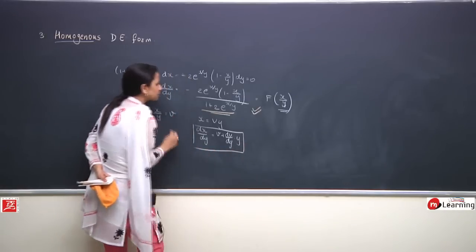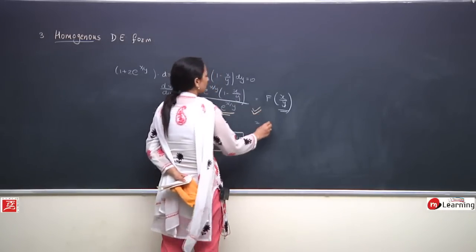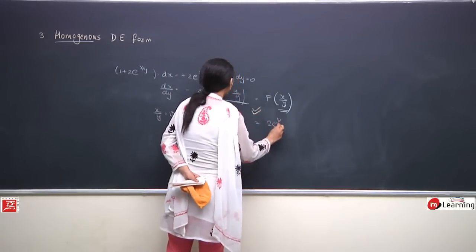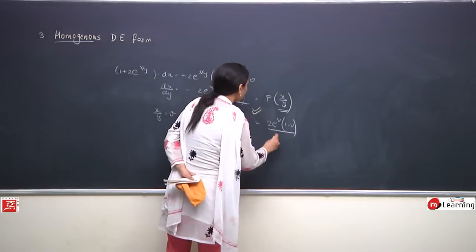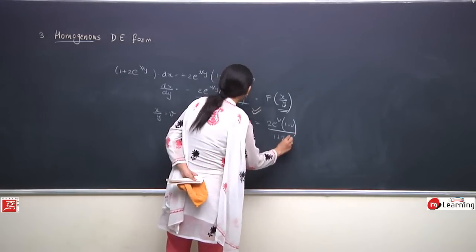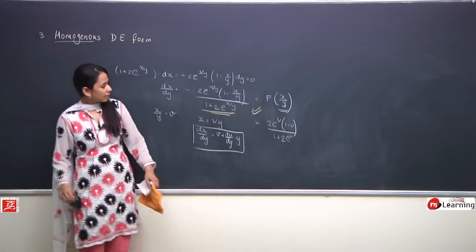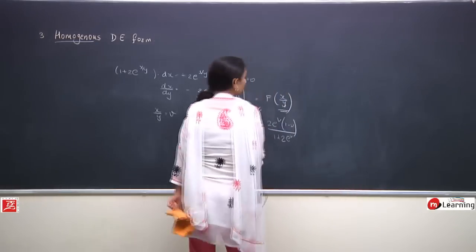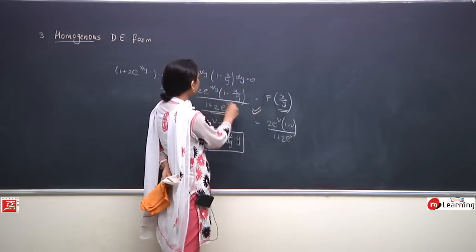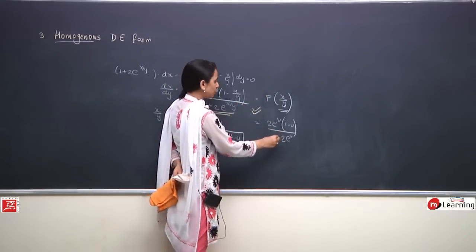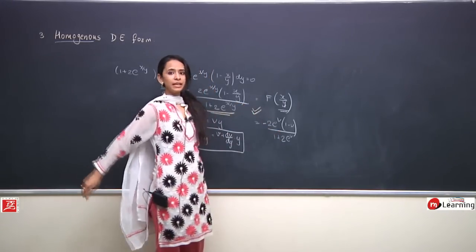So this is my dx by dy, and from here I know dx by dy is a function of v, which is 2e^v(1 - v) upon 1 + 2e^v. This is equals to dx by dy. Perfect. So I know dx by dy is equals to 2e^v into (1 - v) upon 1 + 2e^v, and a negative sign here.